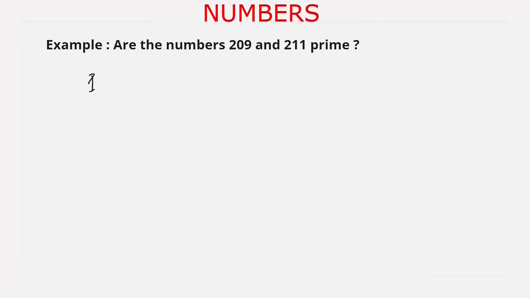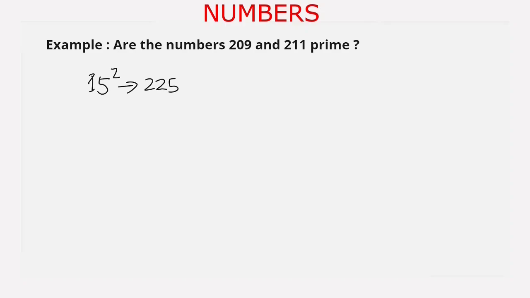The square of 15 is 225, which is just more than 209 and 211. And the square of 14 is 196, which is less than 209 and 211. So we'll choose 225, and the number which is 15 whose square is 225.